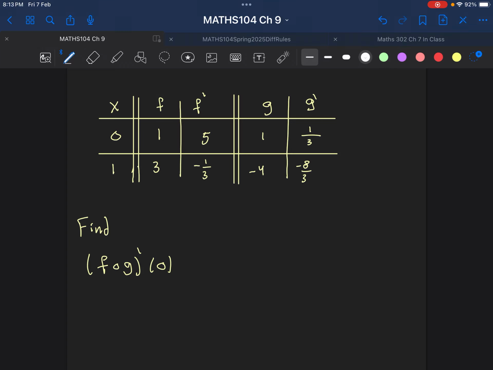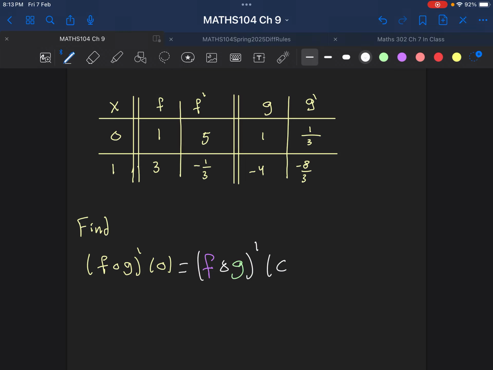Well, in order to find this one, this is the same as he's asking me what would be the derivative of f of g, with f as outer function, and inside f I have the inner function, which is g.